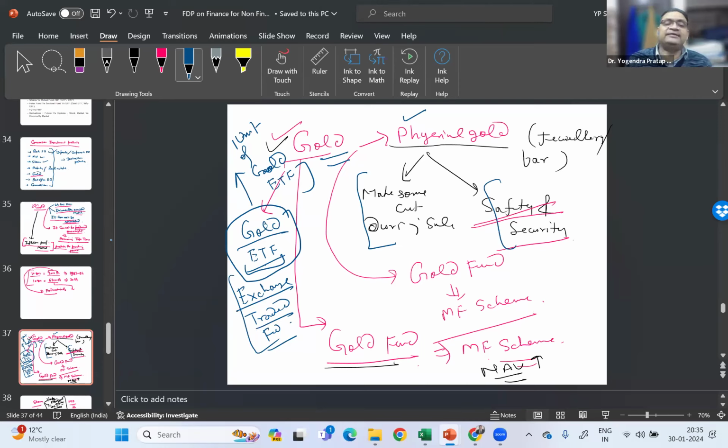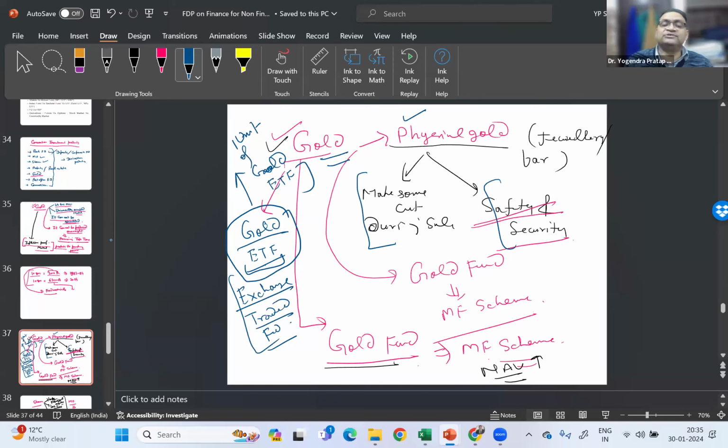It is real time trading, and in the market watch, as you list your shares, you can list the gold ETF, and you can buy and sell like shares. Trading can be done, and your fund manager will actually buy the gold on behalf of you. So whatever is the benefit of the physical gold, that will be replicated, that will be transferred to the gold ETF.